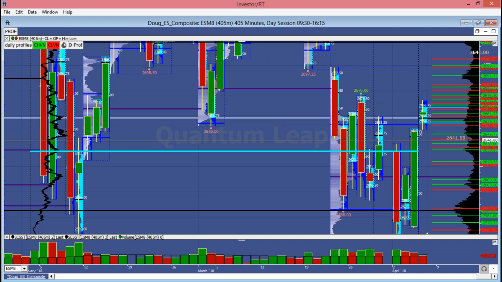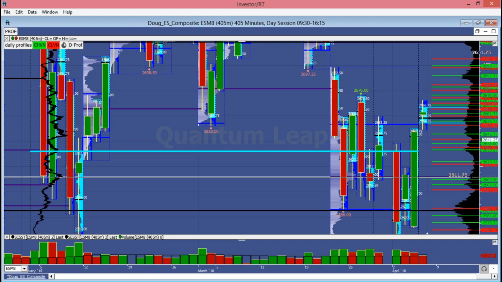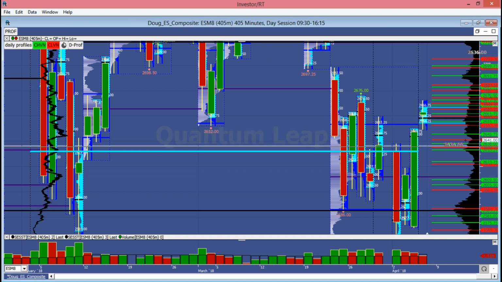If we break below the 32, then I'm looking for a bigger move down into the 19.75 and back down to the 13s. Otherwise, I think we're just going to get a 15 to 20 point chop.